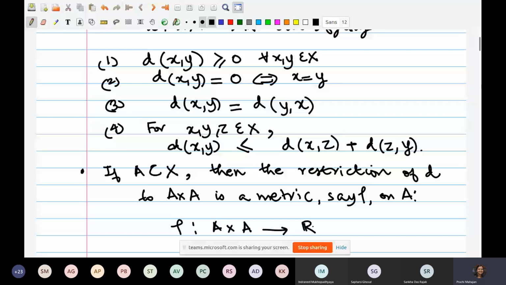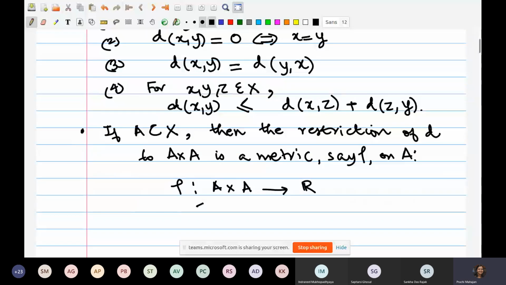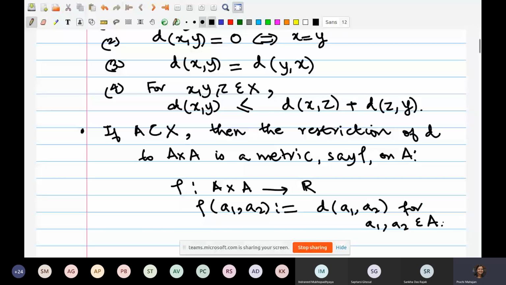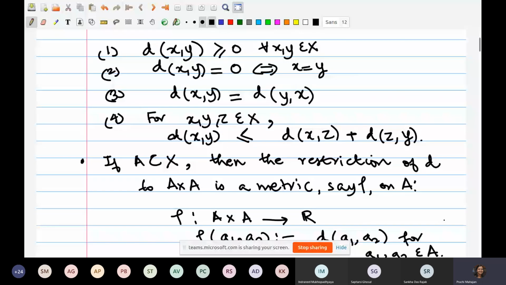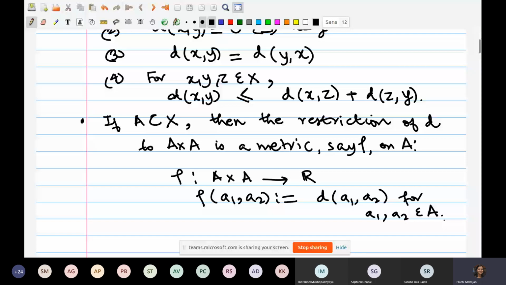For any two elements, let me call them A1 and A2, rho of A1, A2 is defined to be the distance between A1 and A2, the restriction of D to the product space A cross A. Clearly rho satisfies all the properties 1, 2, 3, and 4.